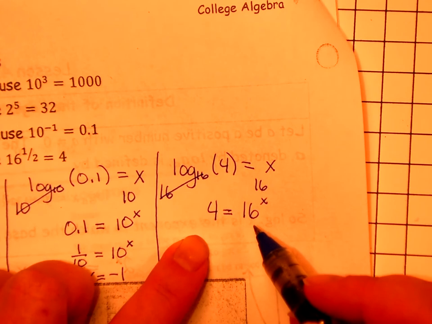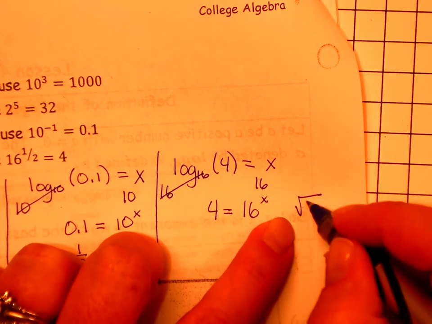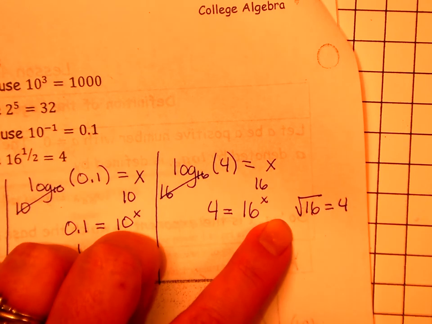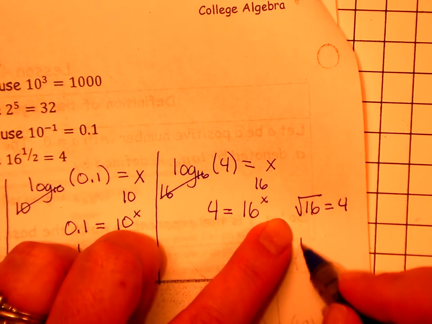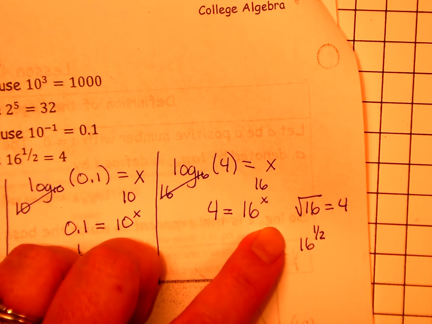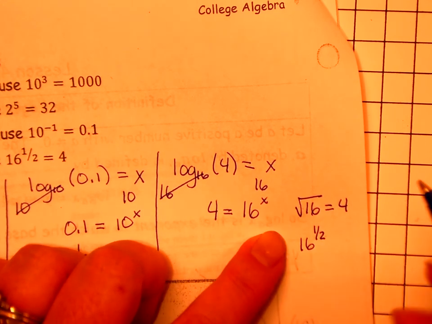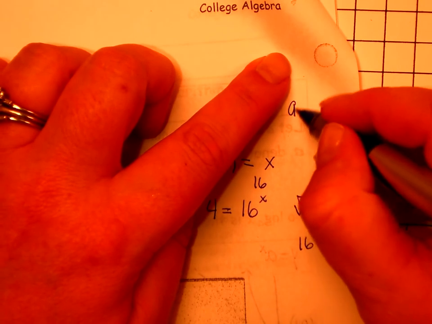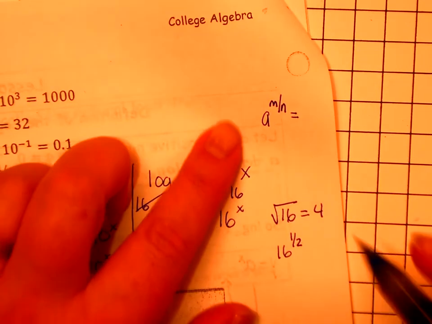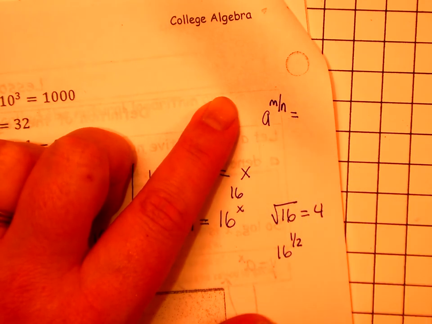The way we can go from 16 to 4 is we can do the square root of 16, which is 4. And if you remember, the square root is the same thing as the 1/2 power. So we have this rule of exponents, a to the m over n. The m is the power of a, and the n is the root of a.